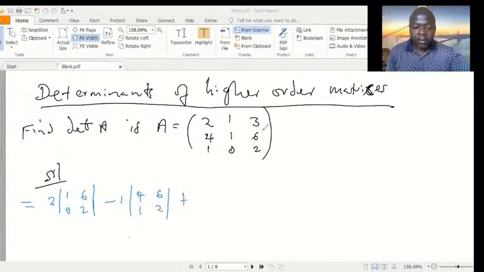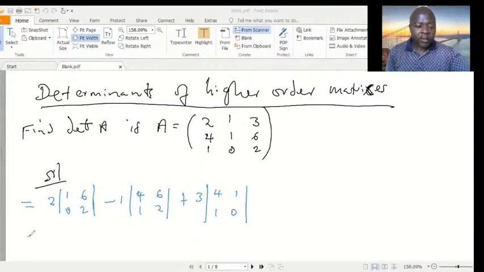Then plus 3. I'll tell you where that plus is coming from. When I did this 3, delete the row of 3 and the column of 3. The matrix that remains is 4, 1, 1, 0.